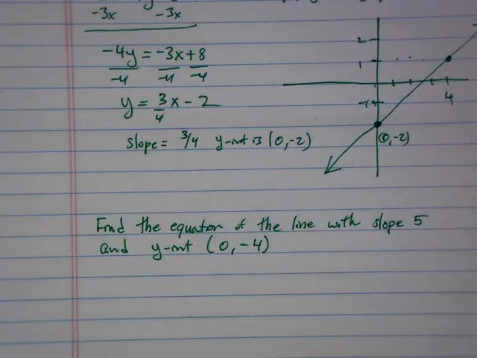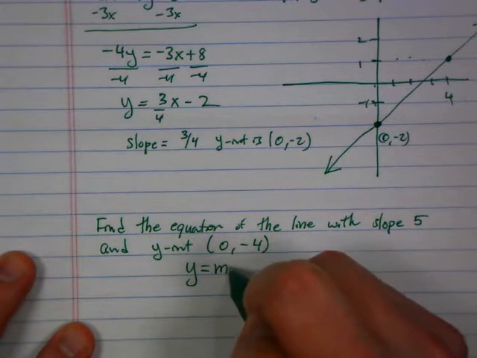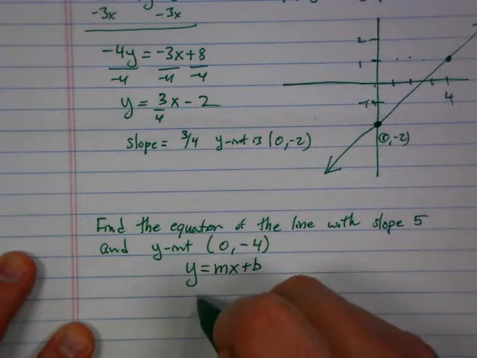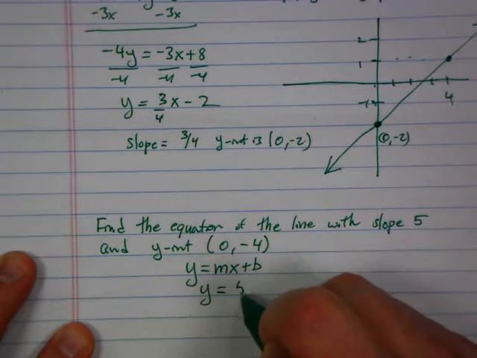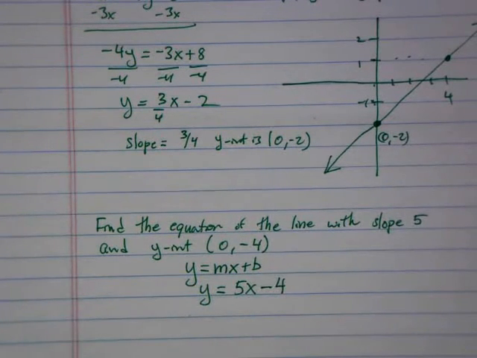Yeah, that one's a very, very easy one. Why is that very, very easy? I give you the slope and I give you the y-intercept. If I give you the slope and the y-intercept, what are you going to use? y equals mx plus b, because that's the slope-intercept form. All right, so really not much work for this one. y equals mx plus b. y equals 5x minus 4.